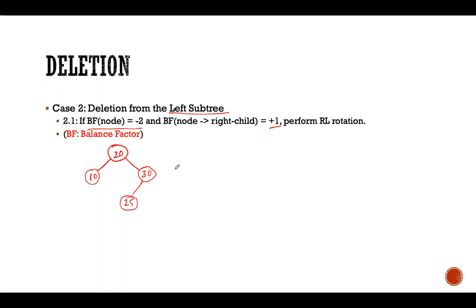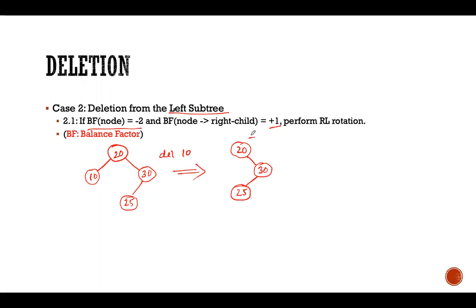Okay, and we are deleting 10. We're deleting from the left subtree, so after we delete 10, it will look like 20, 25. Starting from the 10, we're going to check the balance factor for each node.